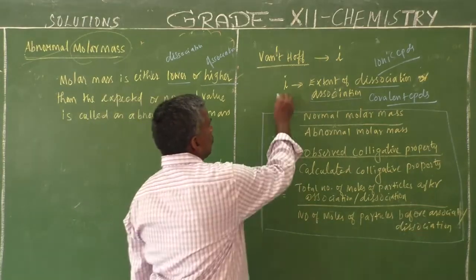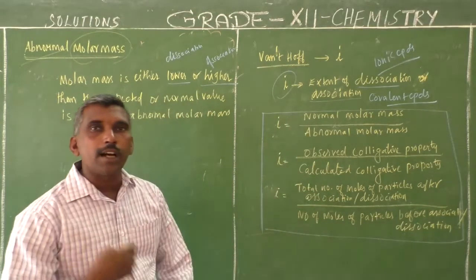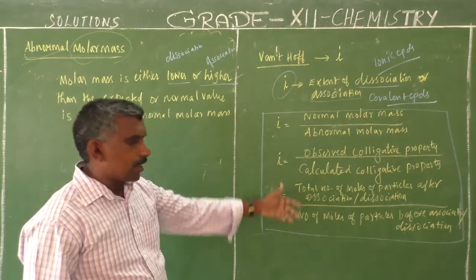So i tells how much dissociation or association. So these are the three formulas.